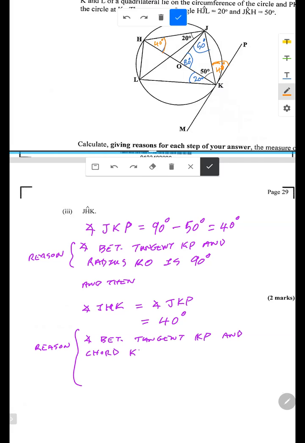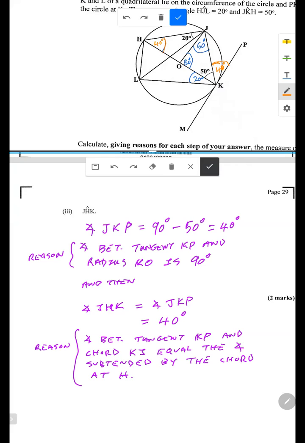The chord KJ equals the angle, that means angle, subtended by the chord at H. That's the reason.